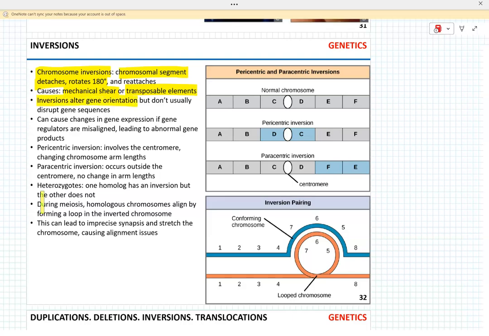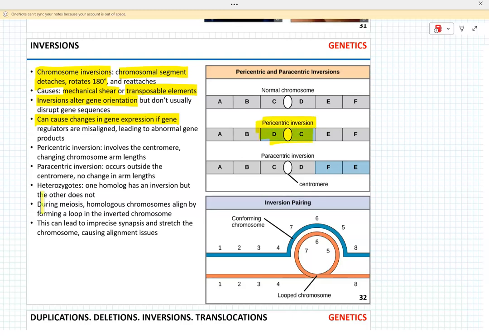Inversions usually alter the orientation of the genes, but usually do not disrupt the gene sequences. They can result in changes in expression of the genes if the regulators of the genes, for instance silencers, enhancers, and promoters, are misaligned, which may lead to abnormal gene products. Inversions can be categorized as pericentric and paracentric.